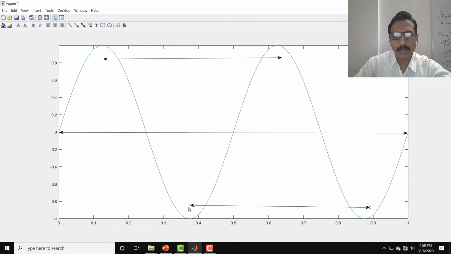These words are quite simple for you. The distance between these two is called wavelength. So this is wavelength, the distance between 2 peak points or 2 valley points.